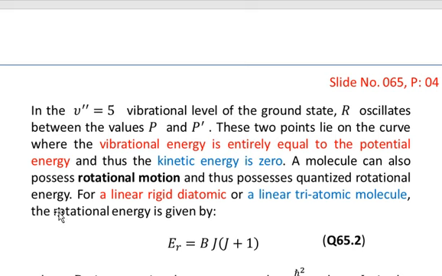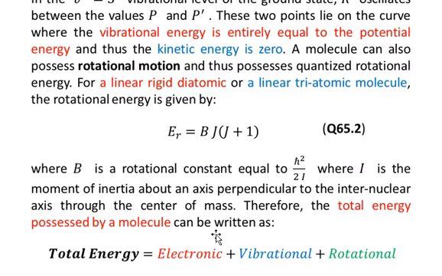A molecule can also possess rotational motion and thus possesses quantized rotational energy. For a linear rigid diatomic or a linear triatomic molecule, the rotational energy is given by E_R, where R stands for rotational and E for energy. E_R is the rotational energy of a molecule, equal to B times J into J plus 1, as shown in equation 65.2, where capital J is the rotational quantum number.